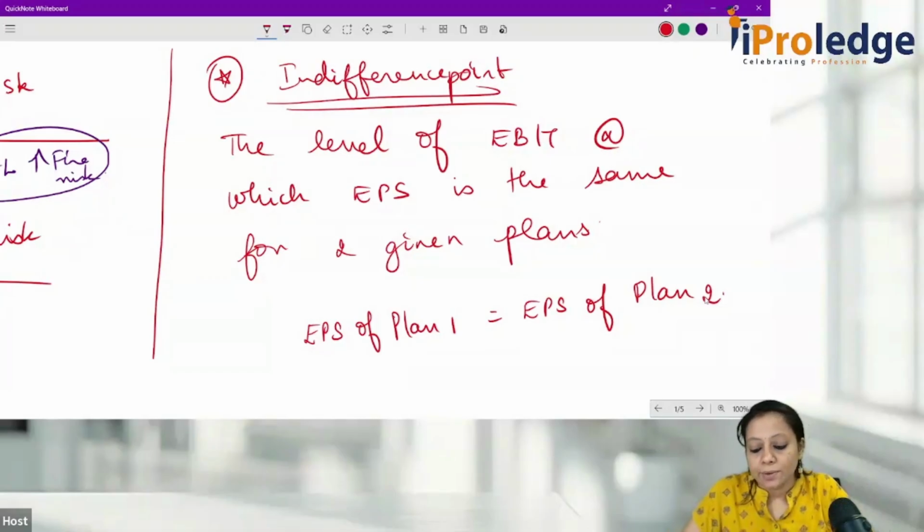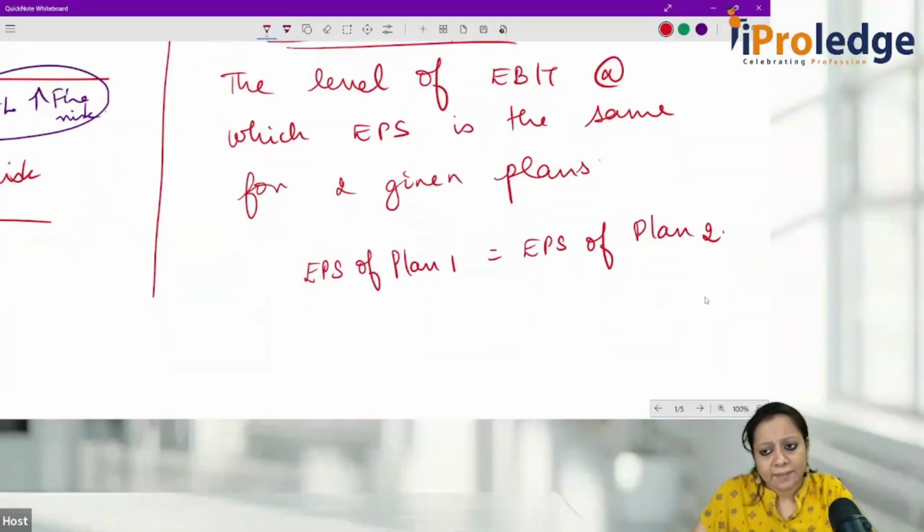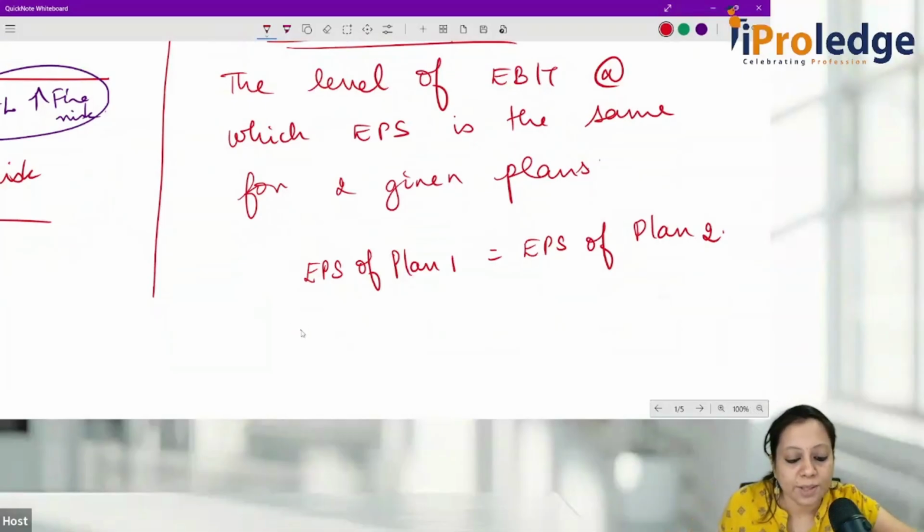So EBIT will be kept as X. The level of EBIT at which the EPS is the same under two given options, right? So this is what it is. EPS formula is what?